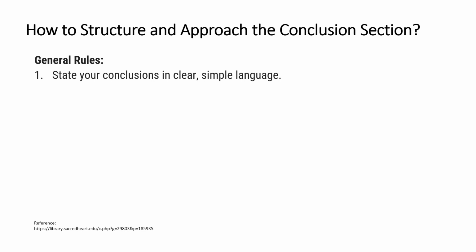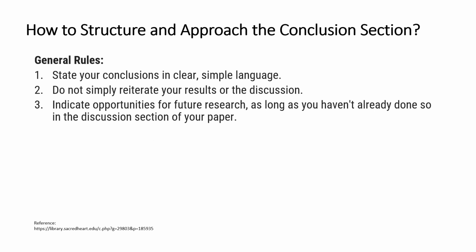So make sure, however, that your conclusion is not simply a repetitive summary of the findings, because this reduces the impact of the arguments you have developed in your paper. So state your conclusion in a clear, simple language. Do not simply reiterate results or the discussion. Indicate opportunity for future research as long as you haven't already done this in the discussion section of your paper.